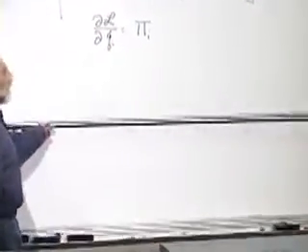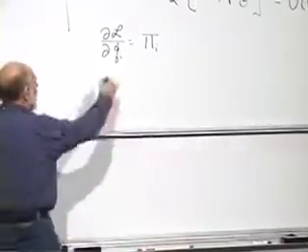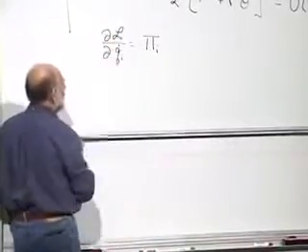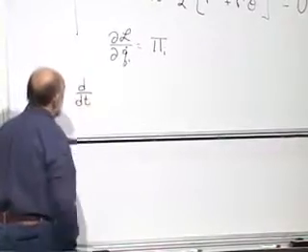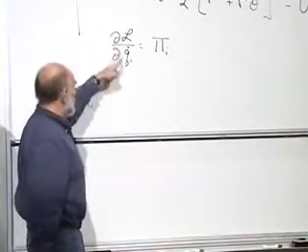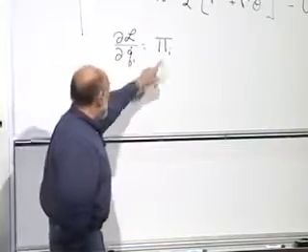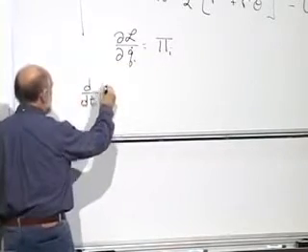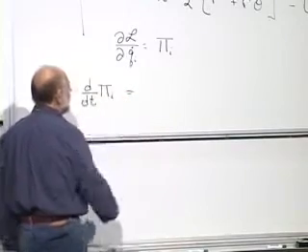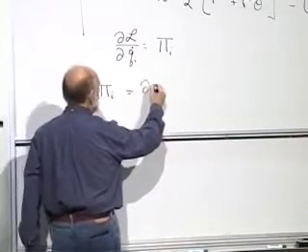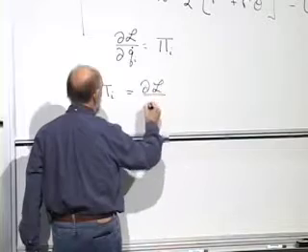Then the Euler-Lagrange equations are that d by dt of this object, sometimes I'll write just dL by dq dot, and sometimes I'll just write pi sub i, is equal to the derivative of the Lagrangian with respect to q sub i.